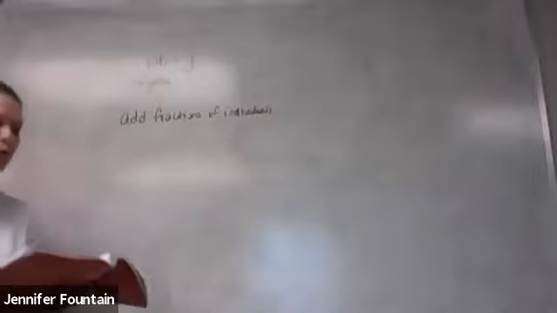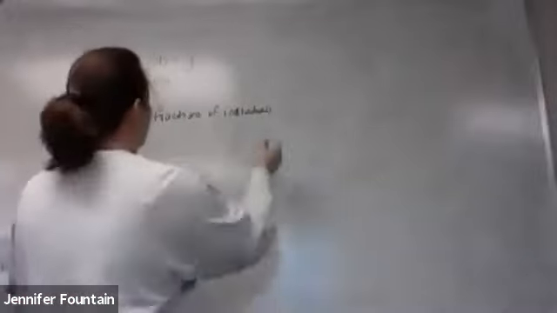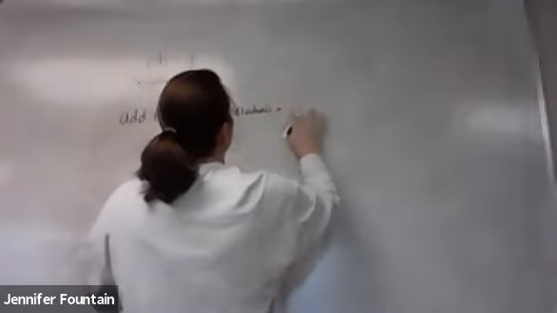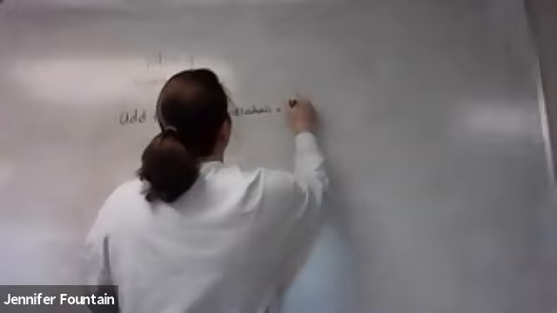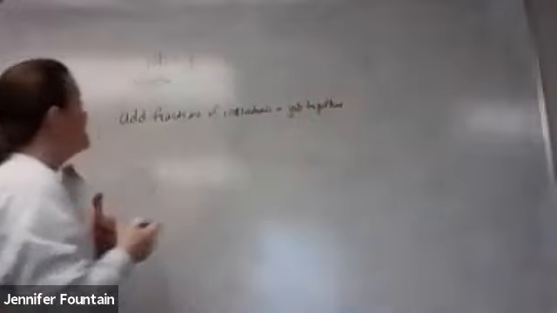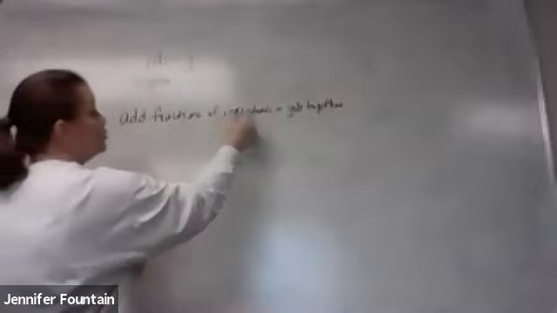The sum of the individuals is equal to the part that can be accomplished together. So if it's 2 people, how many fractions do I have? 2. So I'm going to add my 2 together to find my total job.